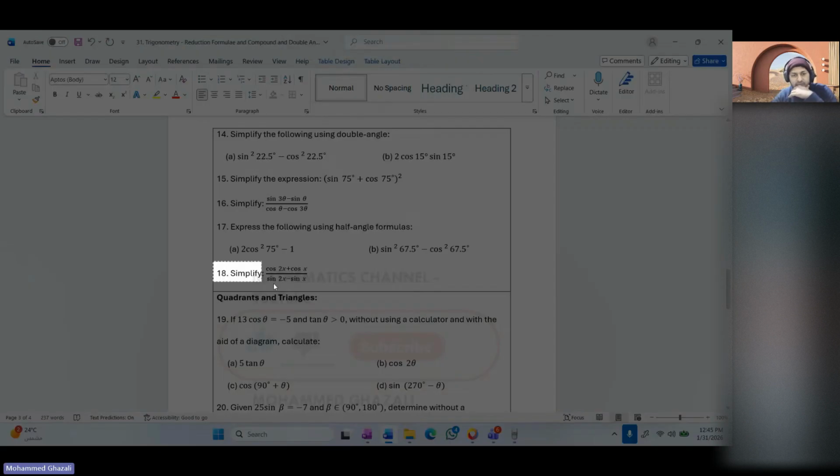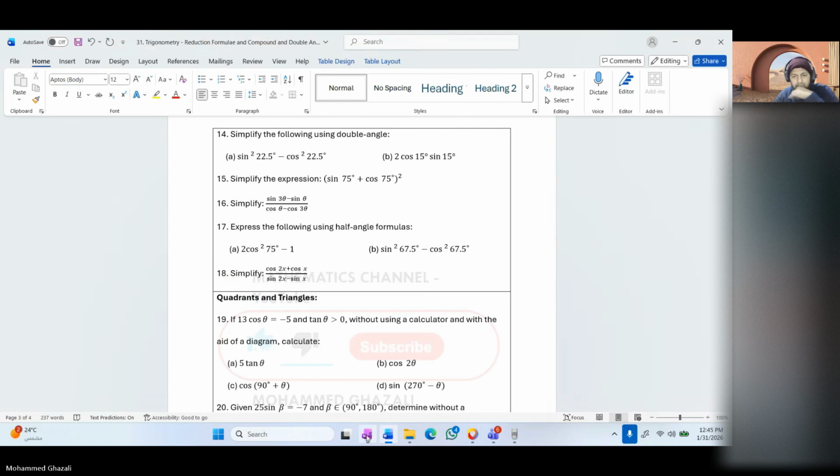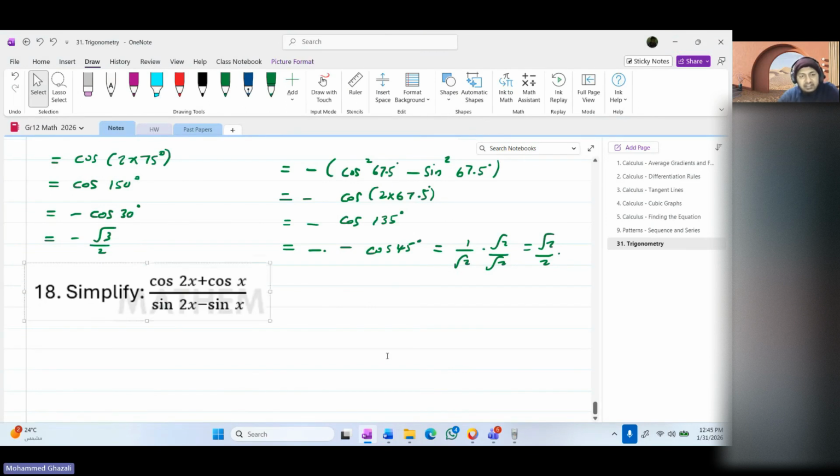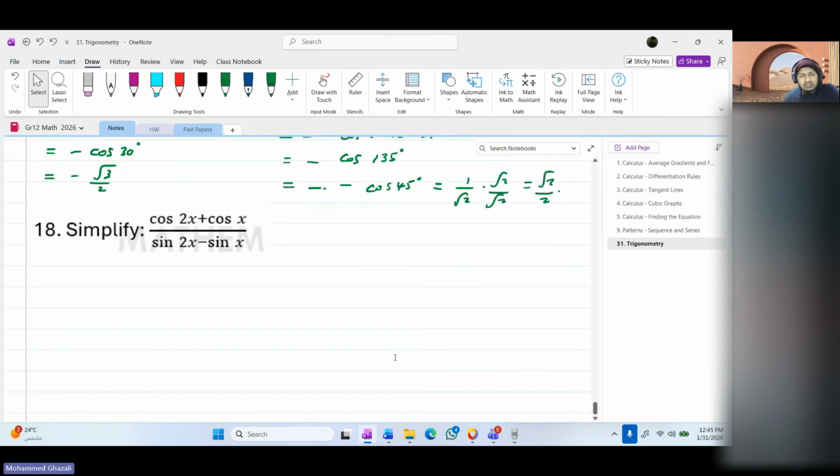Last question on double angle. Simplify cos 2x plus cos x, over sine 2x minus sine x. Easy. Expand the double angles in terms of cos on top.